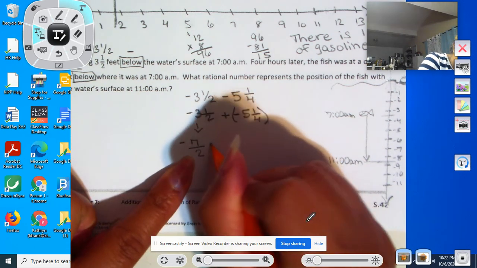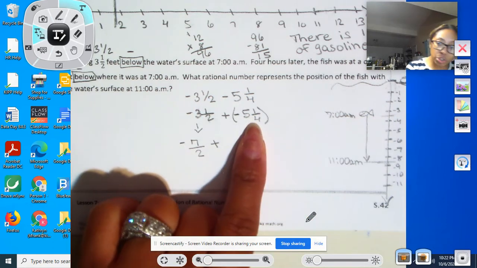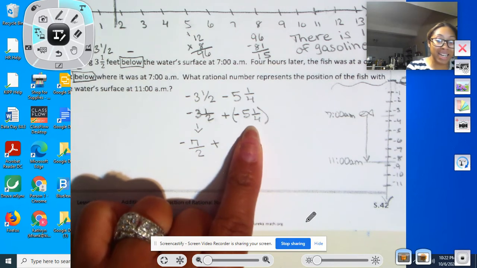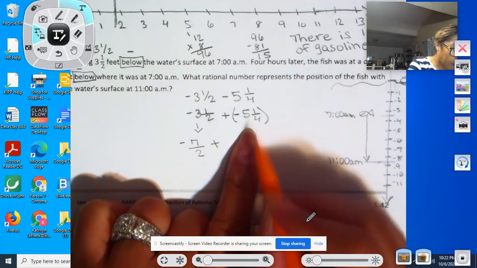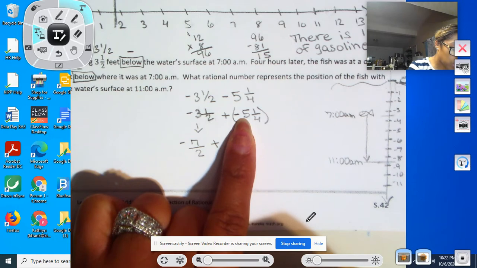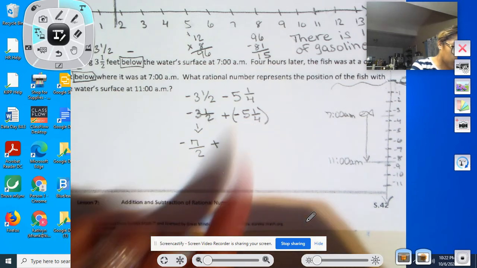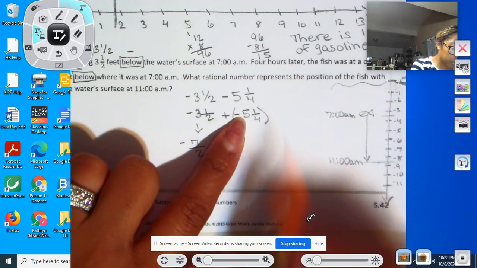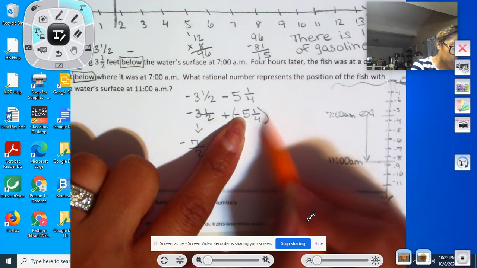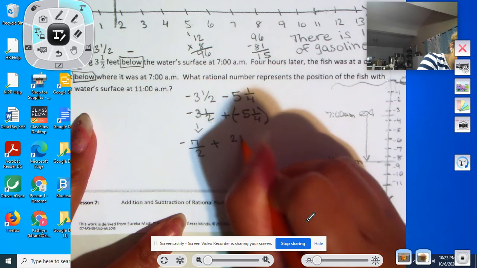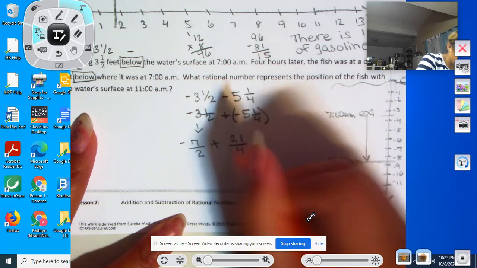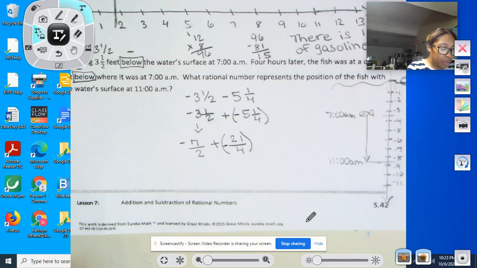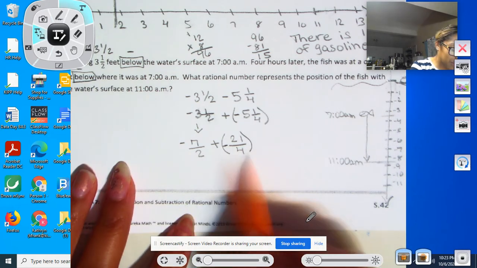All right. Now we're going to rewrite this mixed number as an improper fraction. So how many fourths are in 5 wholes? Well, 5 times 4 gives us 20. So there are 20 fourths in 5 wholes, plus this one more fourth here. So that makes 21 fourths. That's also negative. Now, the only problem with this is that they still don't have the same denominators.